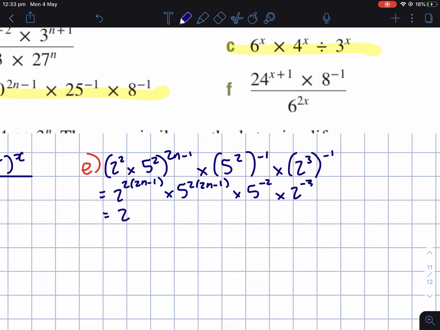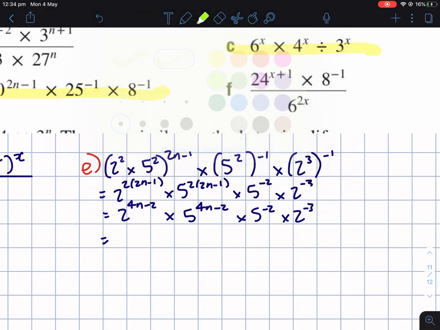Okay, this is the same as 2 to the 4 take 2, 5 to the 4 take 2, 5 to the minus 2, 2 to the minus 3. This one's a 2 and this one's a 2. So we've got 2 to the 4 take 2, take 3.